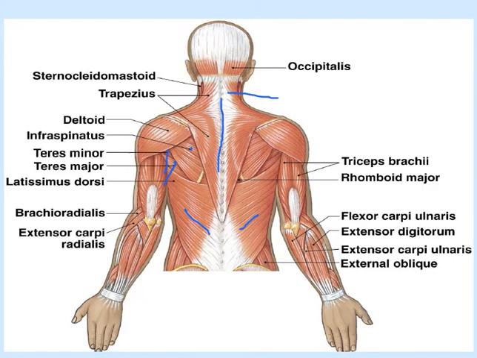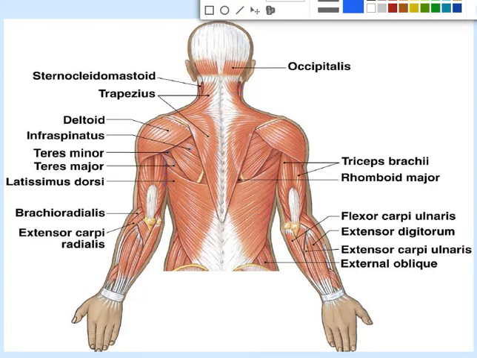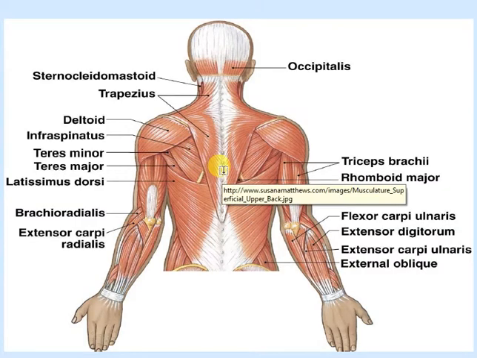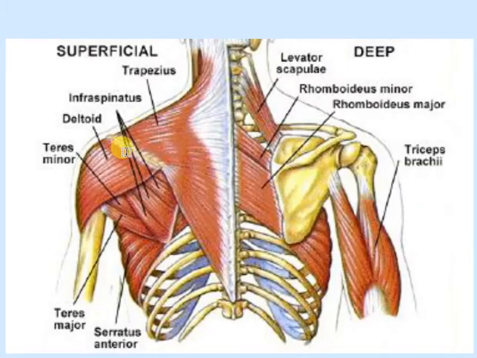But what I mean here is that we will discuss other muscles of the upper limb. This is just a kind of introduction for you to understand the basics of the muscles of the upper limb. As you can see, we have removed some of the muscles. For example, we have the superficial and deep group.